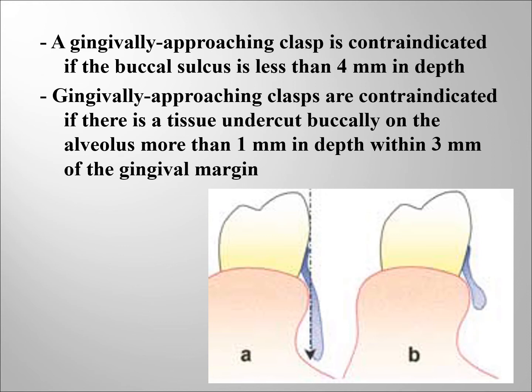They are also contraindicated if there is a soft tissue undercut buccally on the alveolus more than 1 millimeter deep and within 3 millimeters of the gingival margins, because you will be irritating the gingiva, because it crosses the gingiva at 90 degrees, and this will be very harmful. So if the undercut is closer to the gingival margin than 3 millimeters and deeper than 1 millimeter, you cannot use gingivally approaching clasps. You have to think of other options.